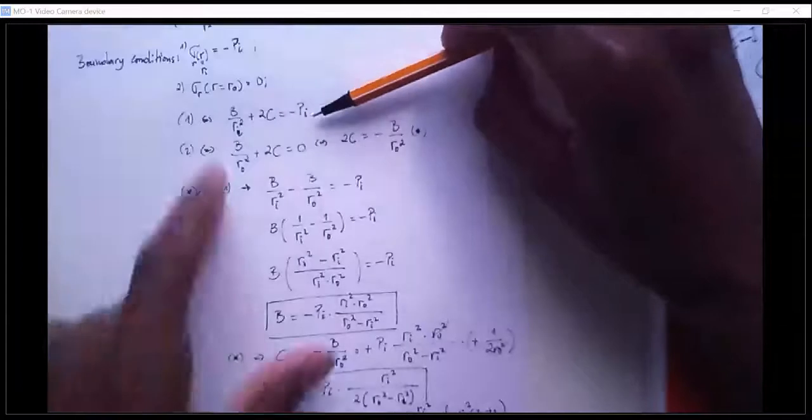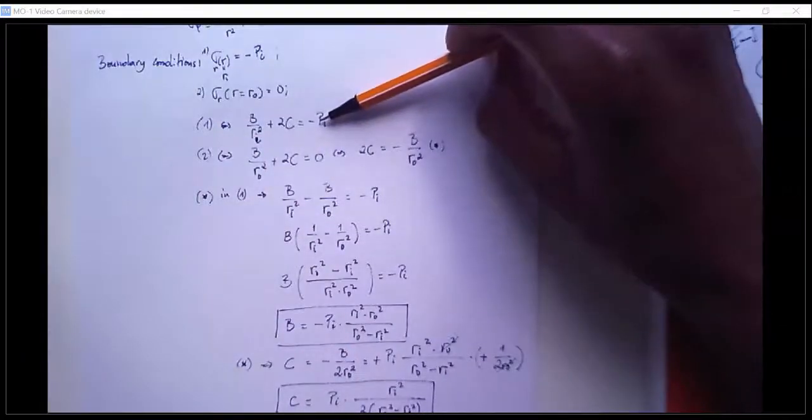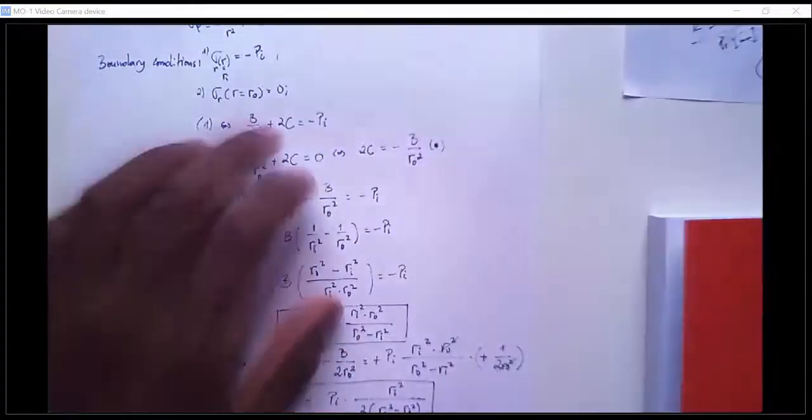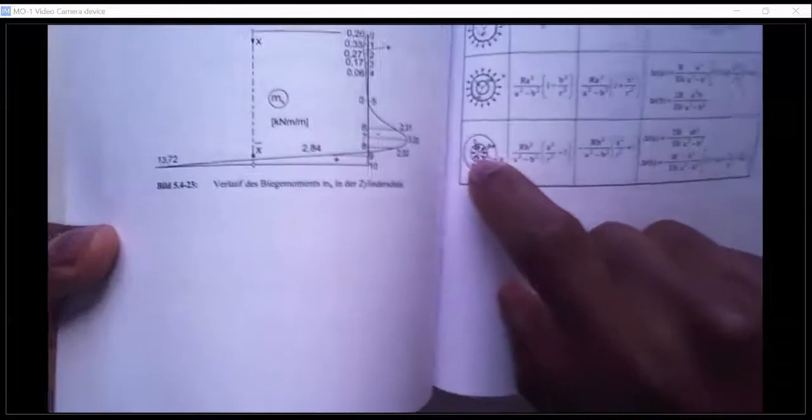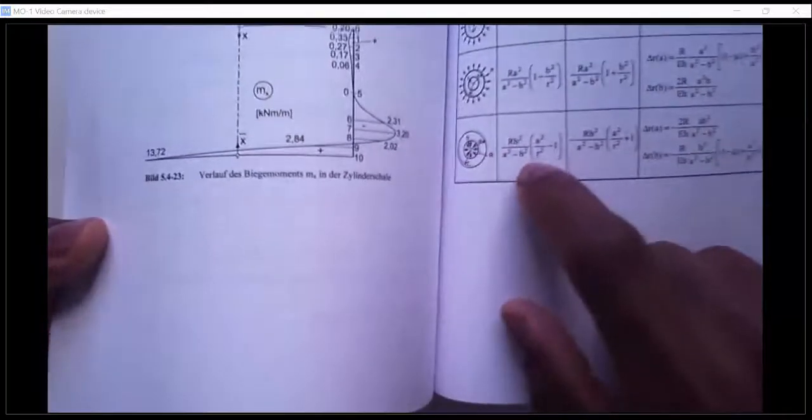Or maybe did the mistake come from before? Oh my gosh, I'm looking at the wrong case. We have the loading inside. Oh my god. Okay, that's why. What we have done is this case here, not the middle one. We've done the case with the loading inside. So we need to compare with what's happening here.